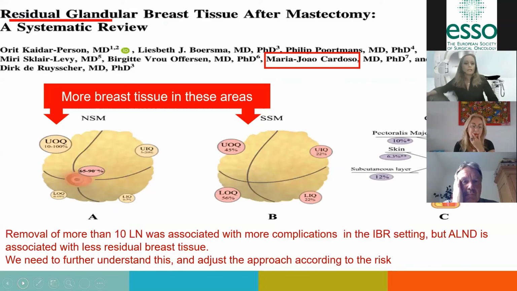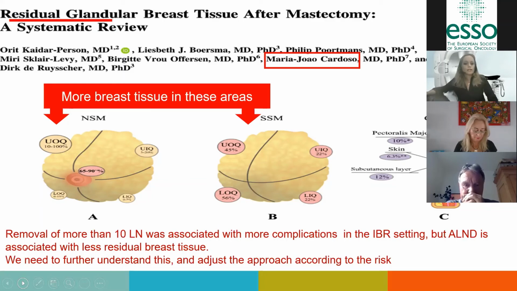And as you can see in this slide, similar to what Tibor said in the initial presentation, the upper outer quadrant has more glandular tissue in the native breast, but also more glandular tissue after nipple sparing or skin sparing mastectomies.